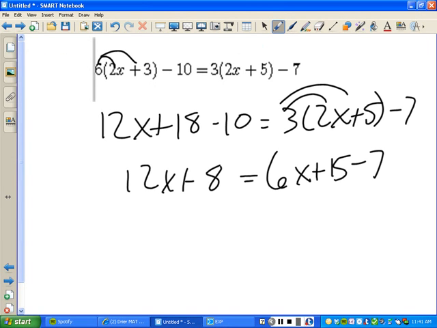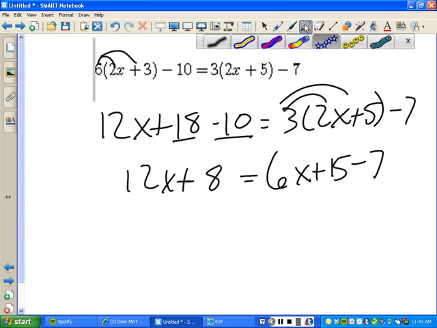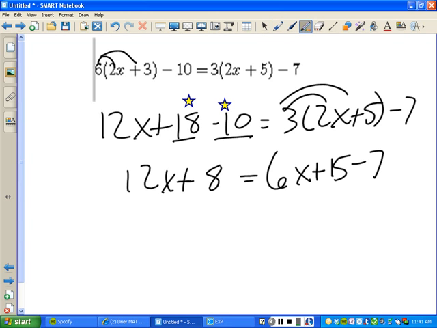And you're still feeling really good about yourself. Plus 18 minus 10. Hold on. Combine like terms. Okay. This is when things start to take a real turn for the worse. Right here.